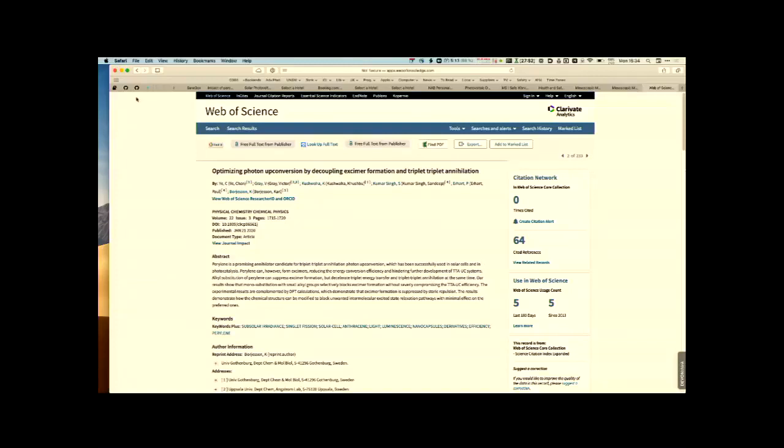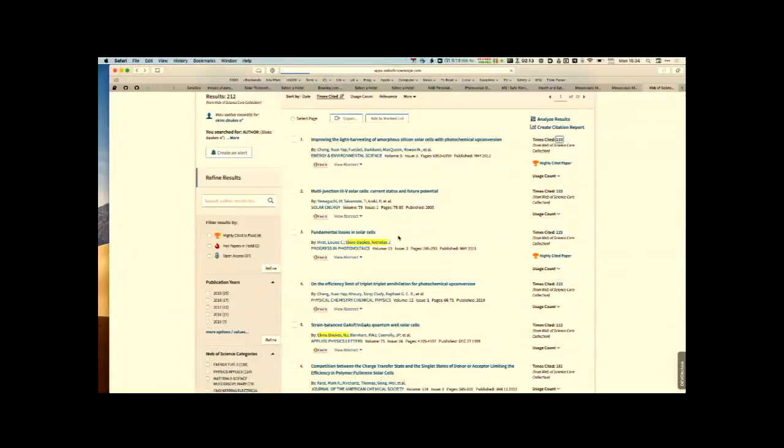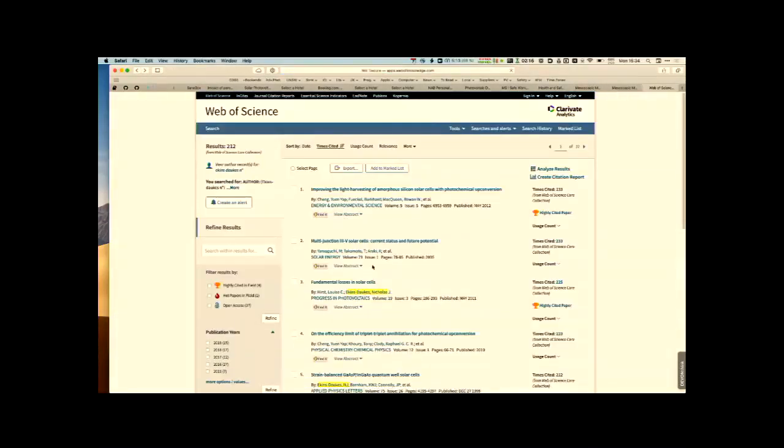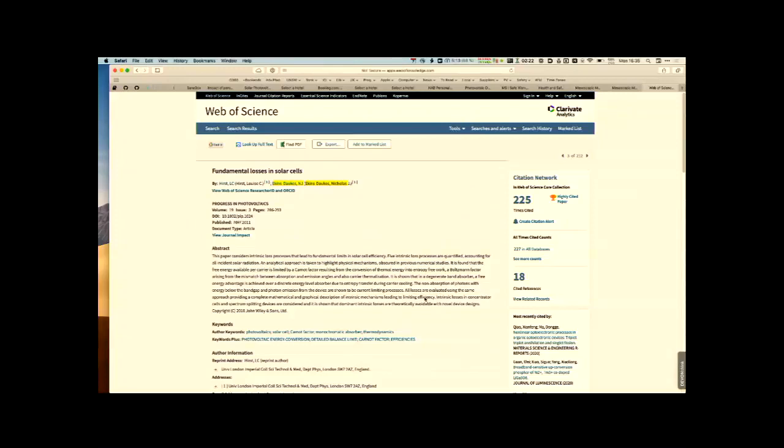Let's go and find a slightly friendlier paper. Let's look at, for example, this one, which has some very accomplished authors. Fundamental losses in solar cells. At least the title might make sense to you.